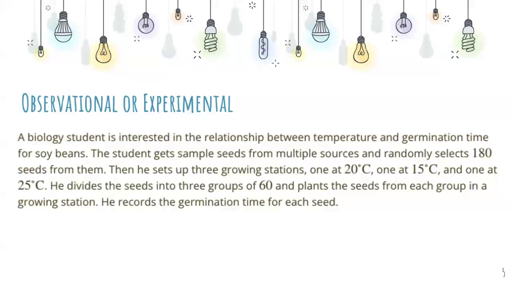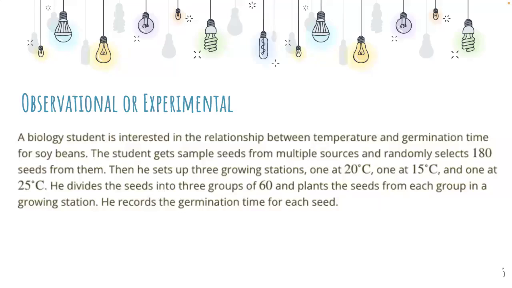Next example. We have a biology student that is interested in the relationship between temperature and germination times for soybeans. The student gets sample seeds from multiple sources and randomly selects 180 seeds from them.